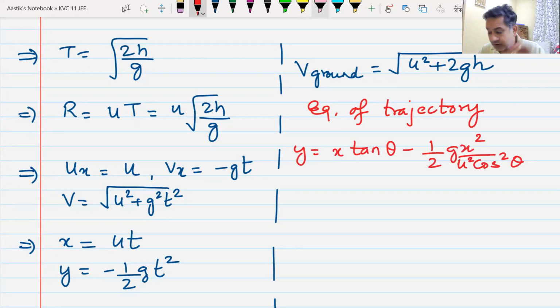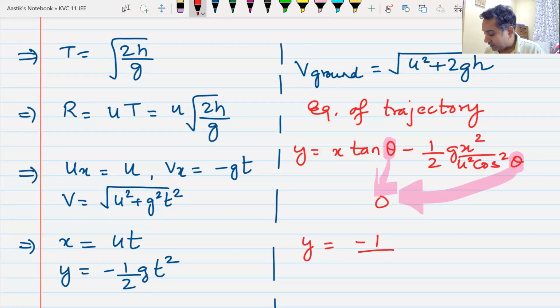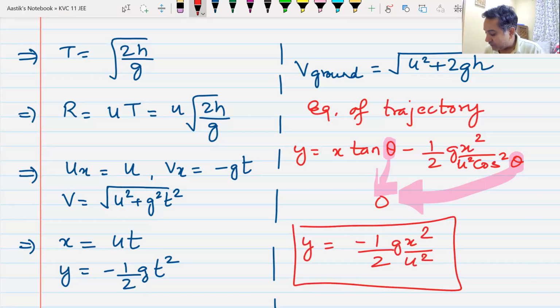Remember here, in this horizontal projectile, the angle of projection theta is 0. Yes or no? If you just put the value of theta as 0, you will get the equation of trajectory as y equals minus half g x square by u square. That becomes the equation of trajectory for this horizontal projectile.